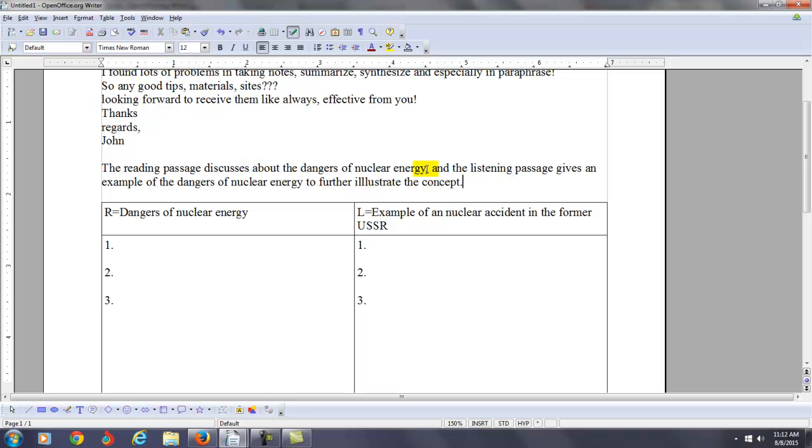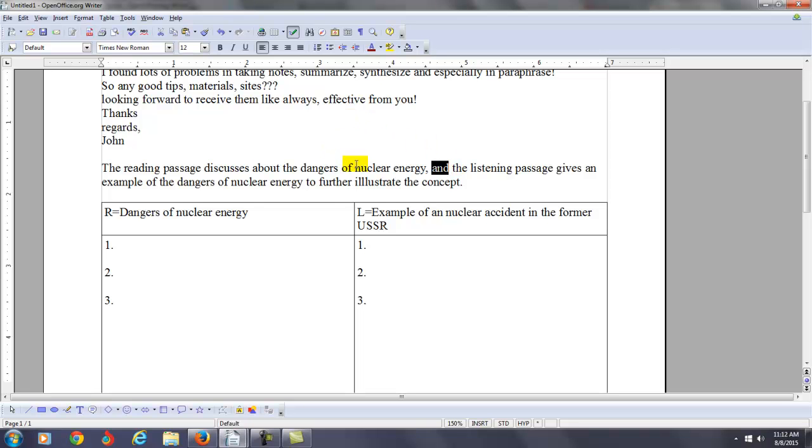So now let's take away what we did. You notice how I used a compound sentence. I used the word and. I stated, I think, the reading passage discusses the dangers of nuclear energy, and the listening passage gives an example of the dangers of nuclear energy to further illustrate the concept.